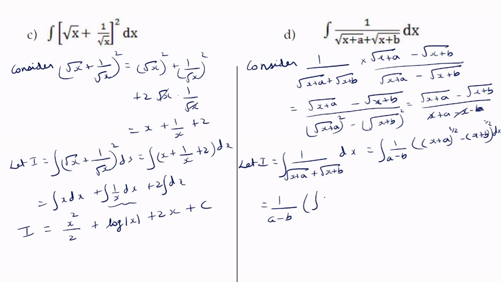So it is 1 by a minus b into integral x plus a the whole raised to half dx minus integral x plus b the whole raised to half dx. So here again we have to use the same standard integral formula. Integral x raised to n dx is x raised to n plus 1 by n plus 1 plus c.